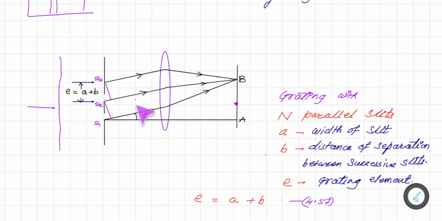These are the rays making an angle theta, as we have already seen in case of single slit. All those rays after refraction are incident at point B on the screen, where they form a bright spot or dark spot depending on the path difference as well as phase difference.